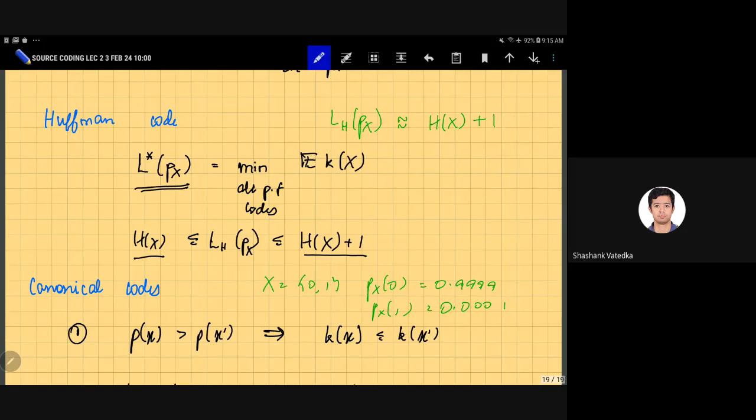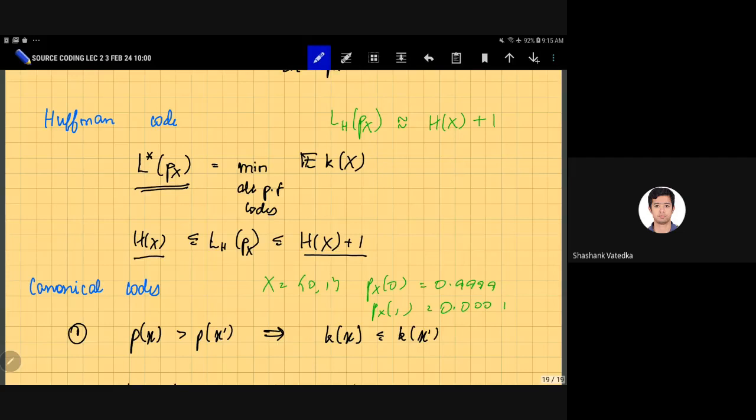And note that this is true for any code, right? So for this example, the minimum expected length that you can possibly achieve is 1 bit. You can't go below that. And this is irrespective of whether you're using a Huffman code or a Shannon code or a Shannon-Fano-Elias code or any code that you can think of.